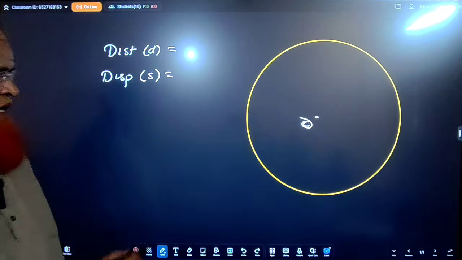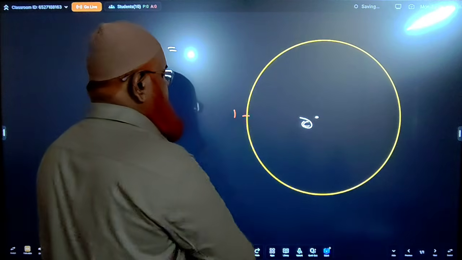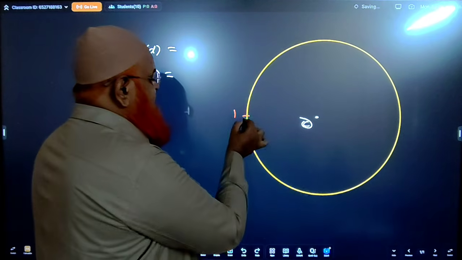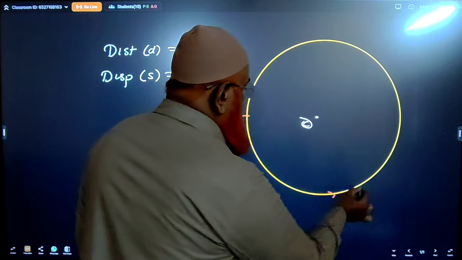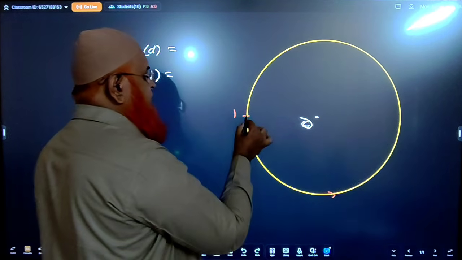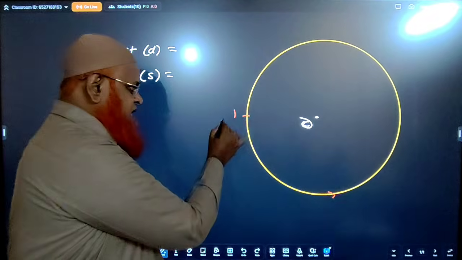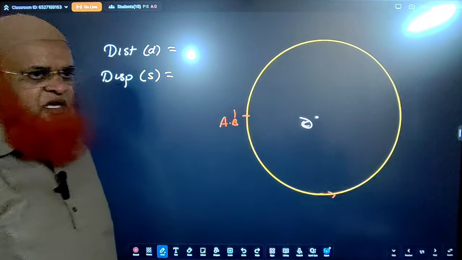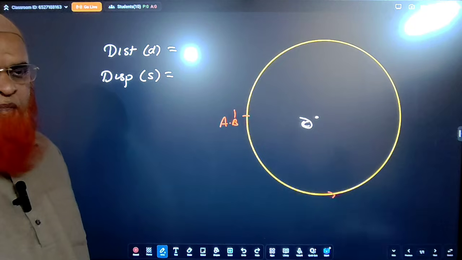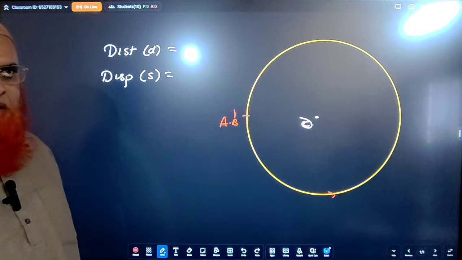For example, this is going to be the starting point, A. You have started from here, taken one complete revolution, and again came back here. So this is the starting point and B is also there itself.